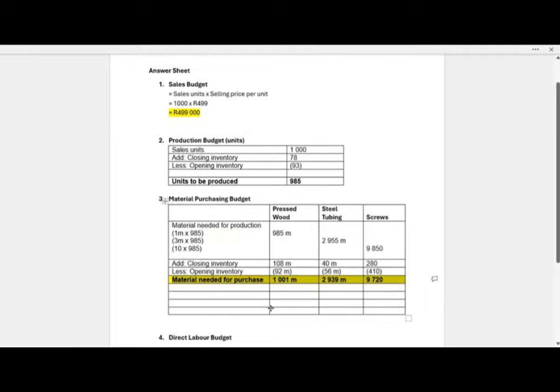All right, and then now we are done with the number of materials needed for purchase. Right now we need to determine the cost.